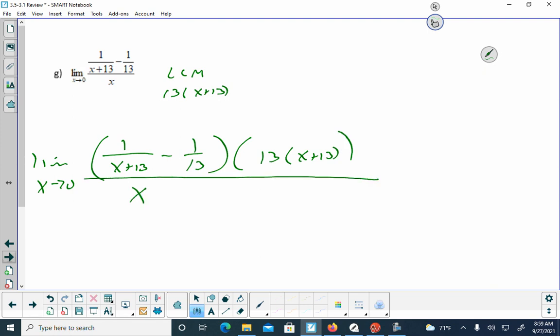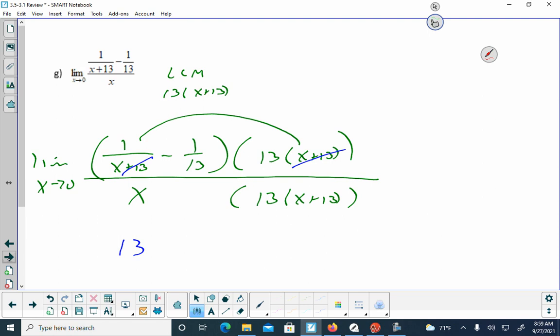And my x, which is in my denominator, I'm going to multiply it by the same thing. So when I multiply this times this, the x plus 13s will simplify, and I'm left with 13 times 1, so that'll be 13.